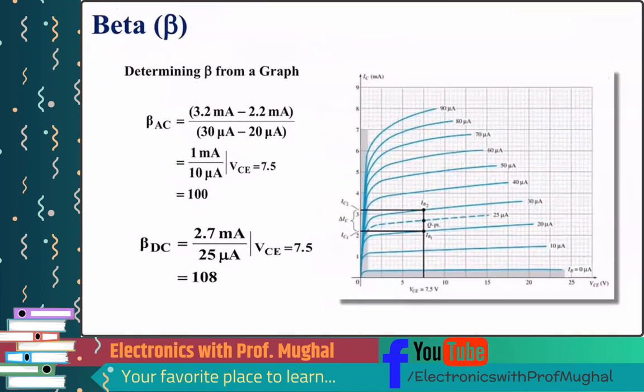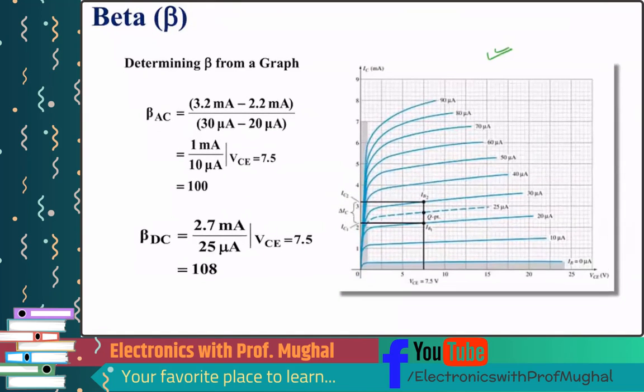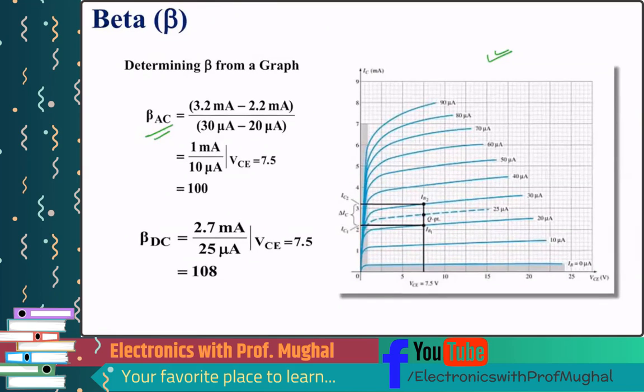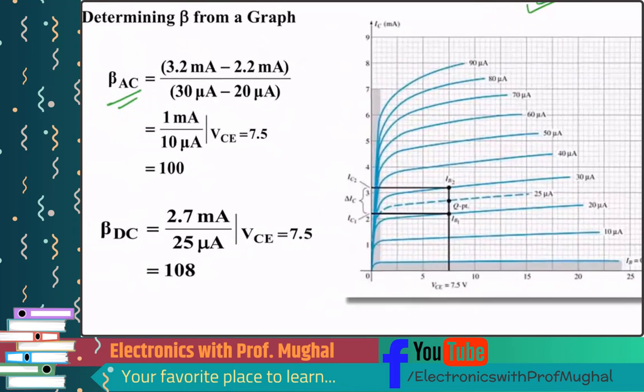Just by looking at a graph. If I give you something like this, how would you calculate beta? Beta AC, we know, is a change in the collector current. So say this is the Q point. I'm going to zoom in a little. So this is the Q point. You look at the operating point above that, which is over here, and then you look at the line right below the Q point.